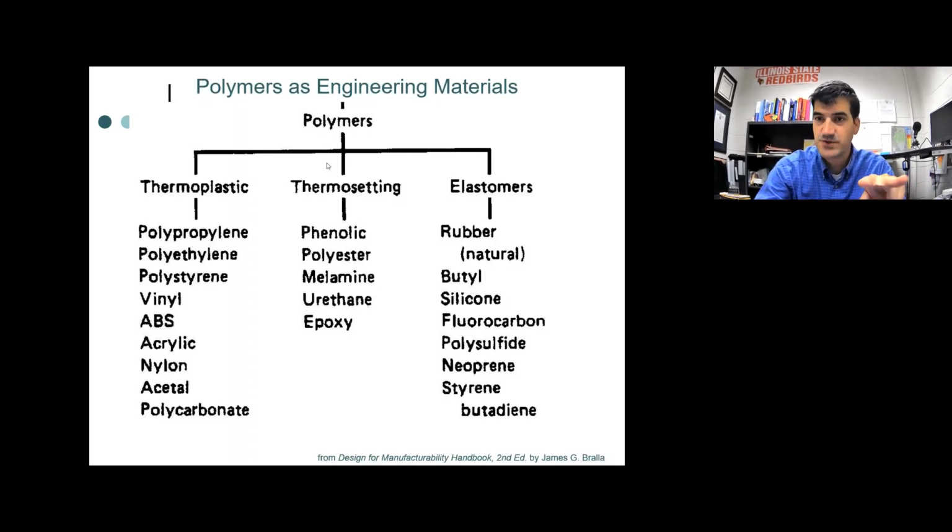If you divide them into 2 categories, then the 2 categories are thermoplastic and thermoset. Basically, thermoplastic materials can be remelted. If this was a thermoplastic, and I don't think it is, then I could melt this down and reform it into something else, or the same thing over and over again.